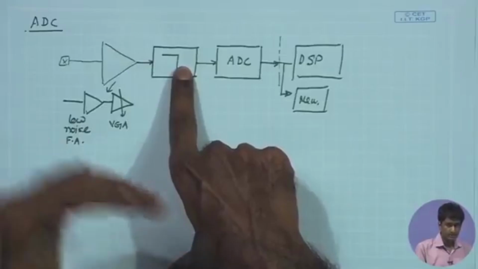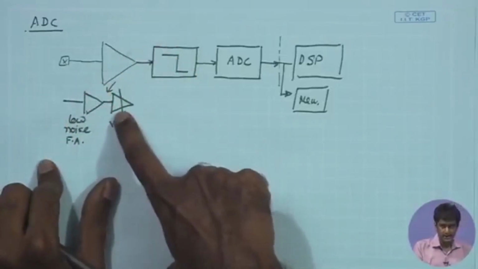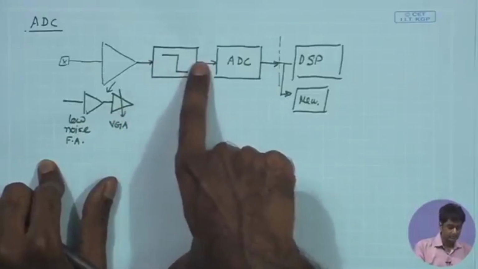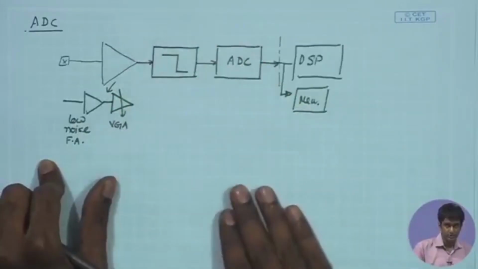So, a better technique would be to interpose the filter between the low noise front end amplifier and the VGA, so that after the filter you can use the VGA and obtain a full swing signal which is going to the ADC.